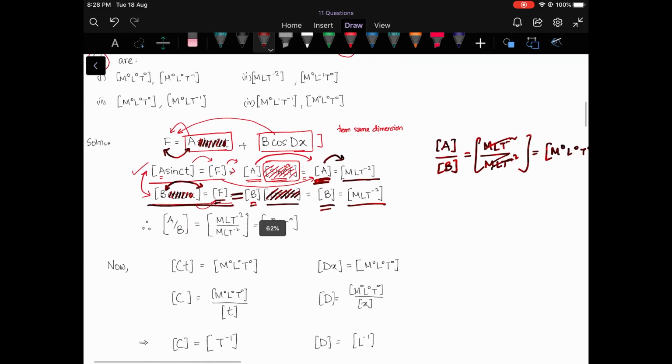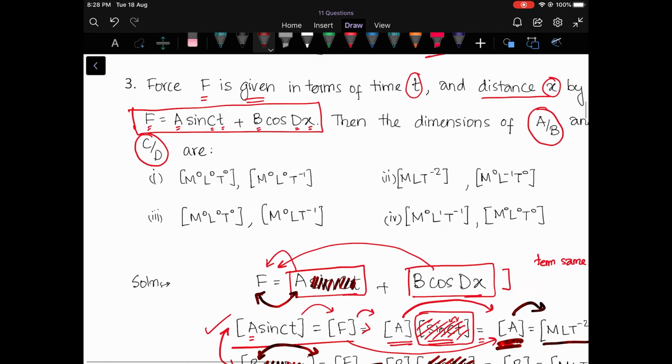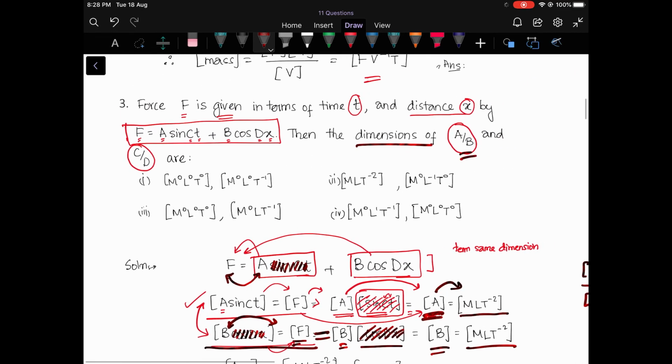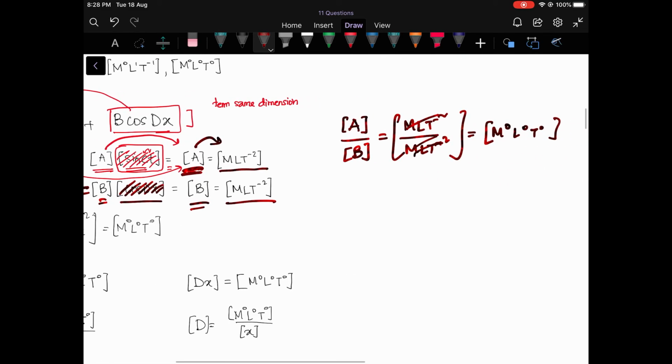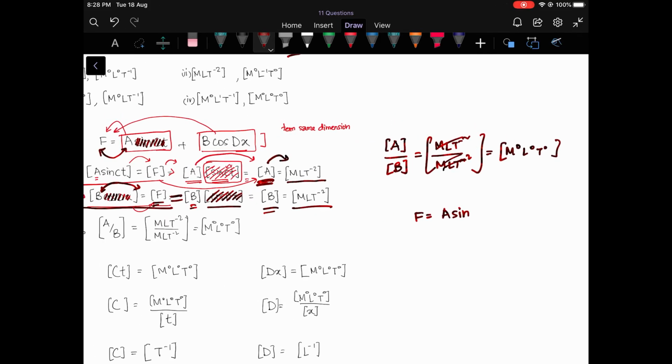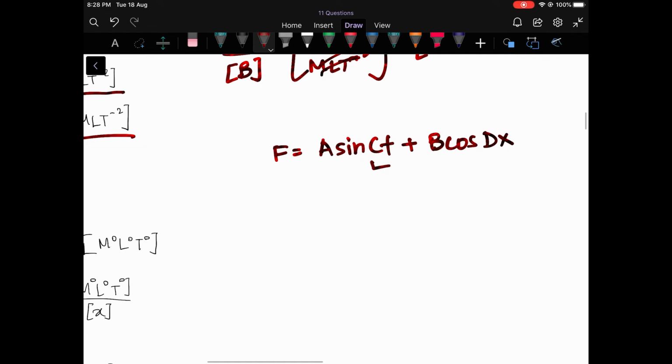We also have to find the ratio of the dimensions of not only a by b but also c by d. For that, we look into the equation again, and we see that F equals a sin ct plus b cos dx. Now we know that this part is an angle and this part is also an angle, because we always write sine of some angle and cos of some angle, or tan of some angle theta.